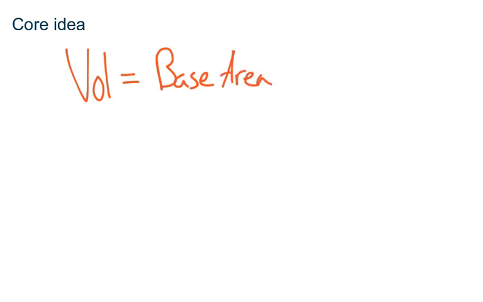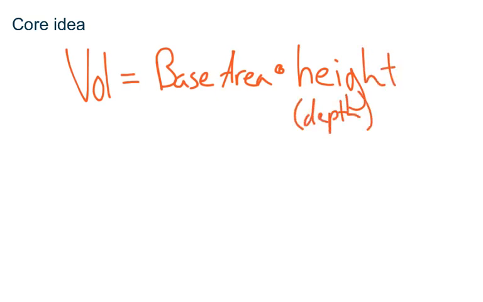The big core idea I want you to take from this is that volume is equal to base area times, let's just call it height. Again, sometimes we might call it depth, or something else, but it is base area times that third and final dimension.